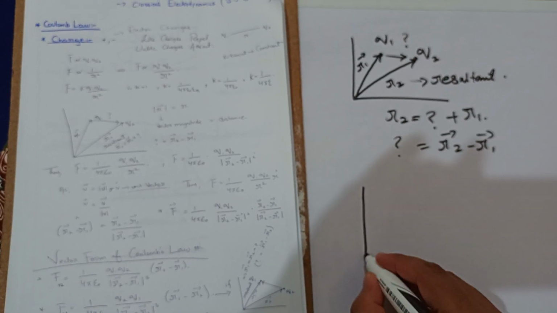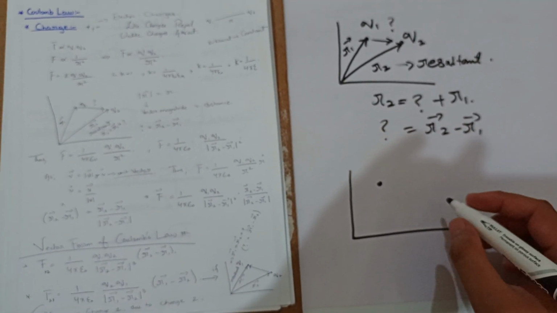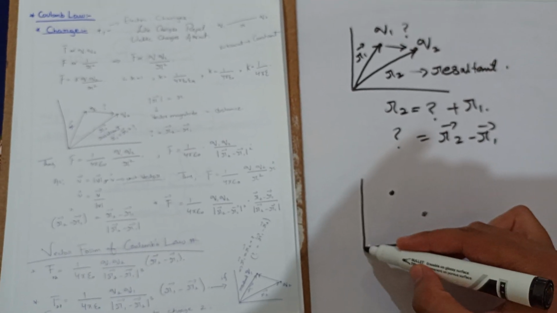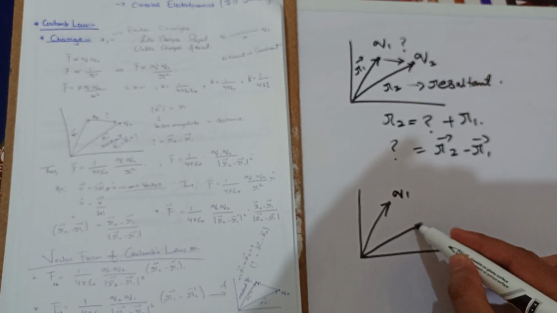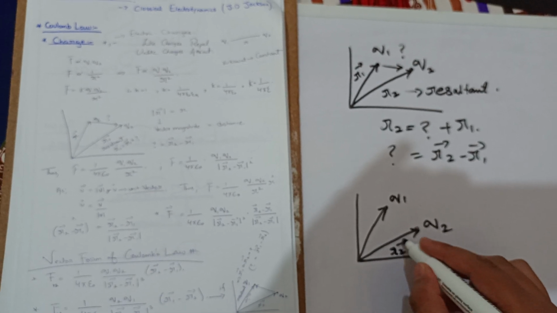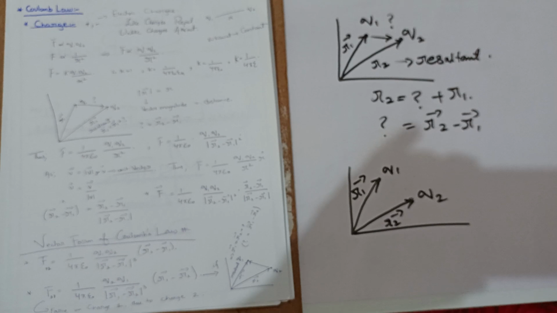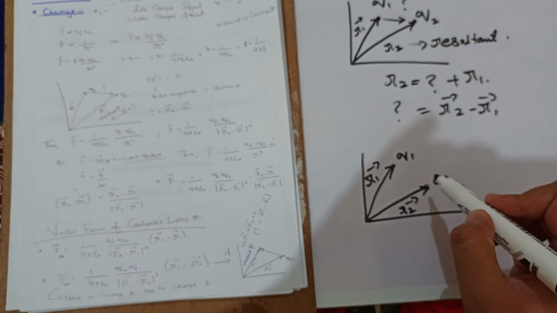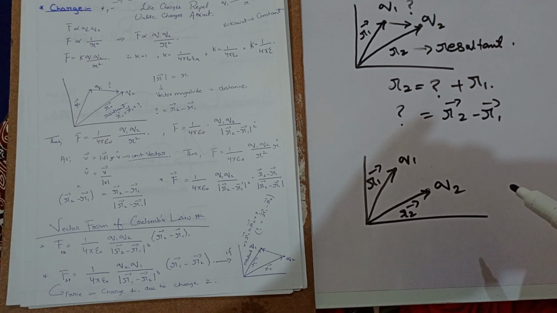But what if the force is on charge 1 due to charge 2? Again, this is my q1, this is my q2 charge, and the distances are r2 and r1. Now what if I have to find the force on charge 1 due to charge 2? What do I have to do?